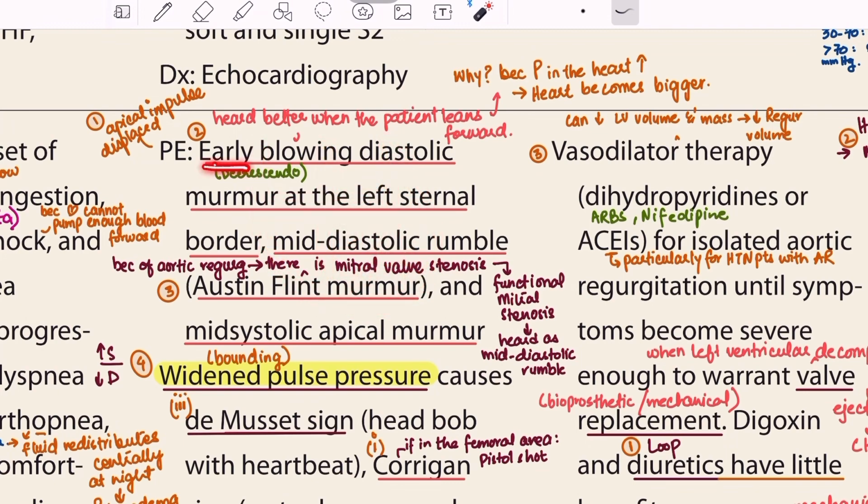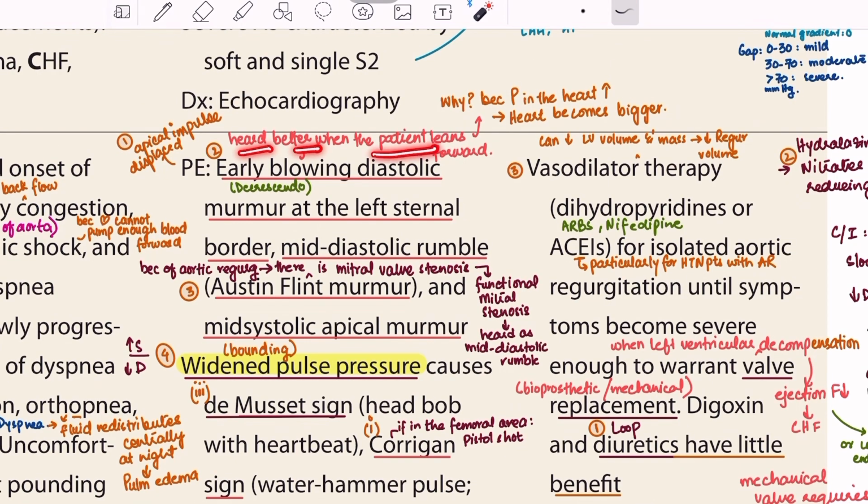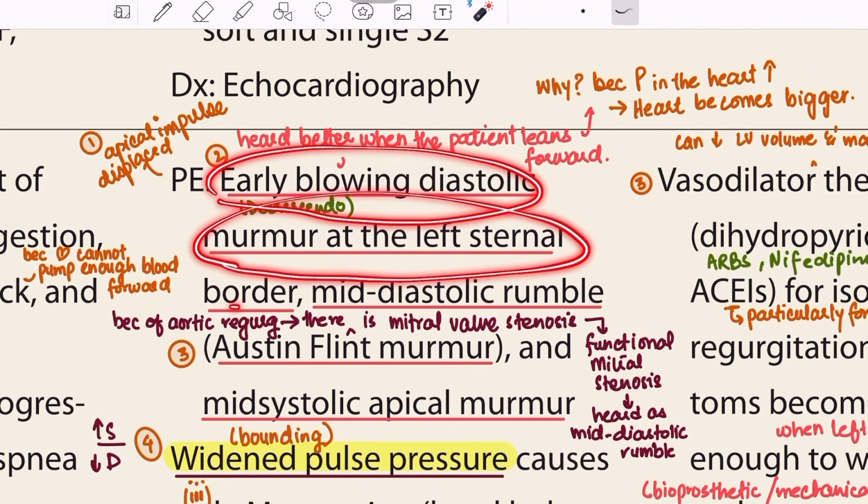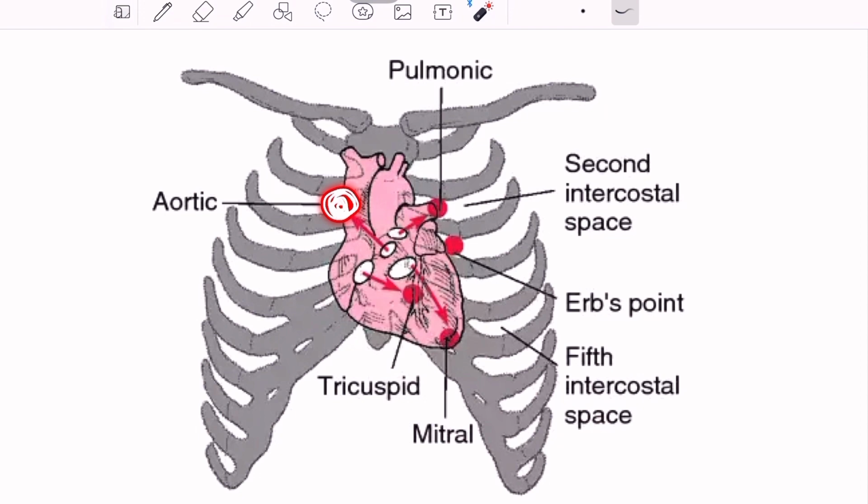There will be an early blowing diastolic murmur at the left sternal border, and it will be heard better when the patient leans forward. Let's first concentrate on the early blowing diastolic murmur at the left sternal border. Aortic sounds are best heard at the second intercostal space, but when it comes to aortic regurgitation, it is best heard at the left sternal border in the fourth or fifth intercostal space.